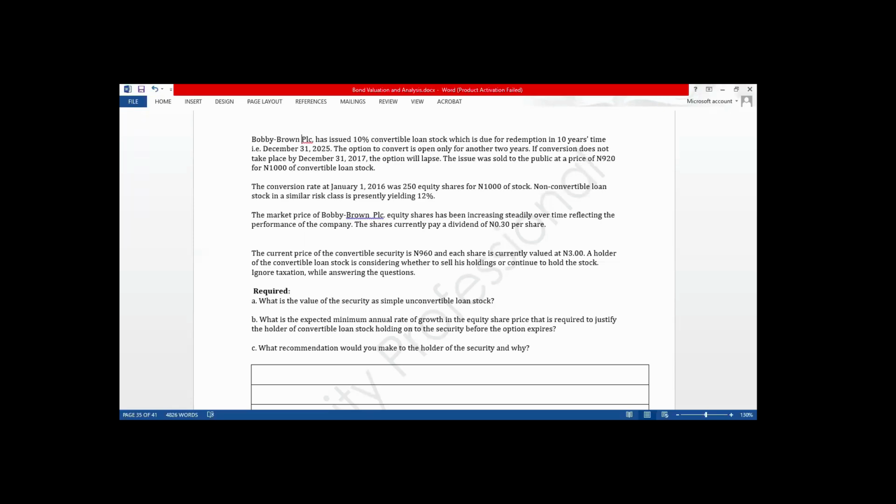To do this valuation, you are going to determine the cash flows from the convertible bond from year one to maturity. Then you are going to discount this cash flow to their present value using required return on unconvertible debt. That is alternative one.